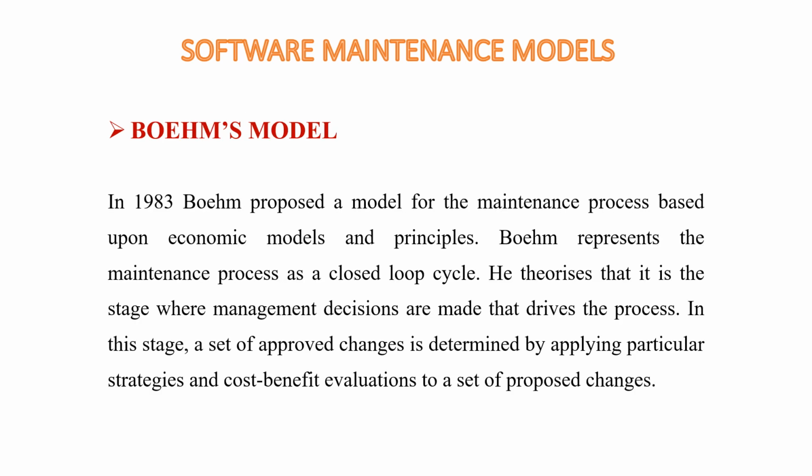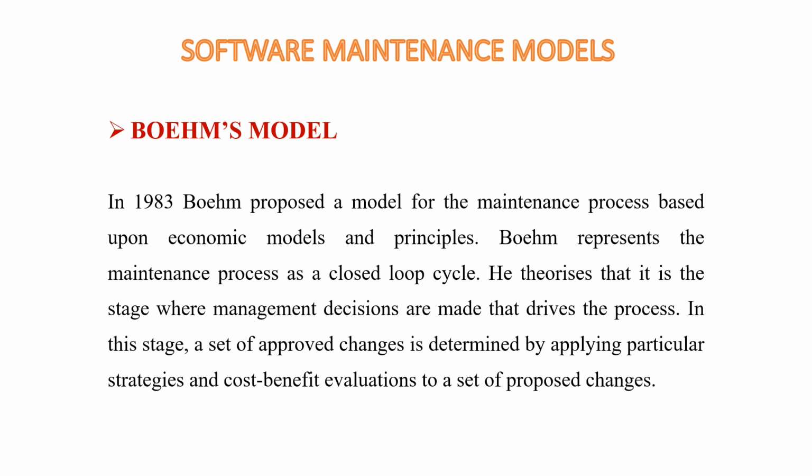Next is Boehm's model. In 1983, Boehm proposed a model for the maintenance process based upon economic models and principles. Boehm represents the maintenance process as a closed loop cycle. He theorizes that it is a stage where management decisions are made which drive the process.